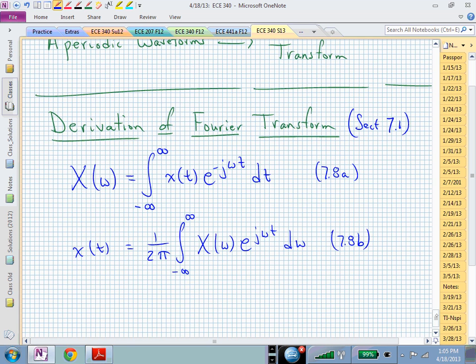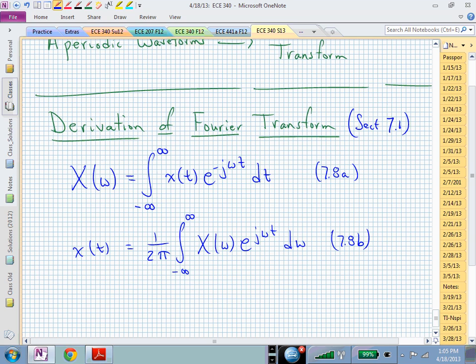And these are the two equations that we want to understand sort of where they're coming from. How can we obtain those based on what we've already learned or what we've done in the past? Let's look at deriving these relationships so that we get comfortable with what's going on.